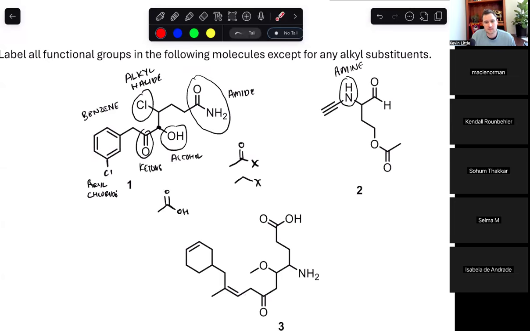Understanding that this amide is different from this amine, and they're going to work in different ways. And we give them different names to help us key into why they're different. This is a ketone with an alcohol because it's going to act very differently from a carboxylic acid. So we give them different functional group names because they have different functions. But things with the same functional group all tend to act the same, which is why they get the same name.